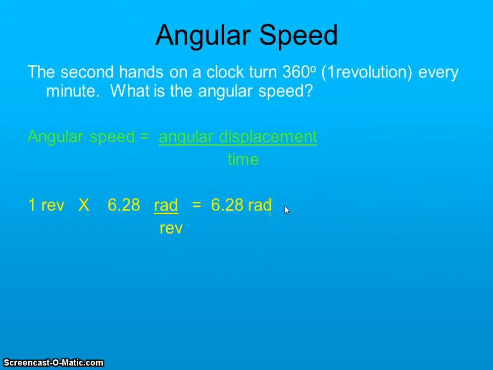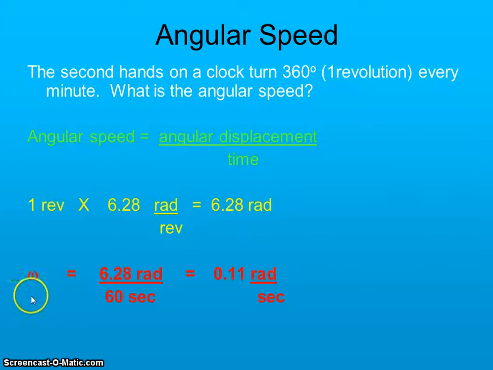Just a reminder from before, a circle is equal to 2 pi, and pi is 3.14. So when you multiply 2 times 3.14, you get 6.28. That's a reminder of where that number is coming from, and in case you forget, that's one way to remember it.